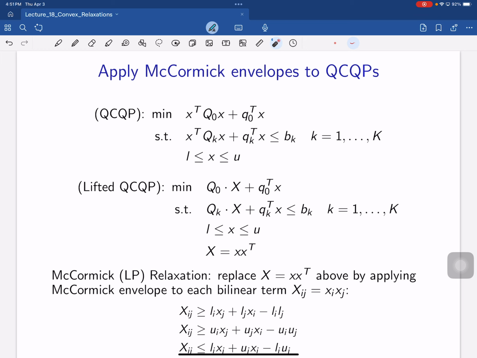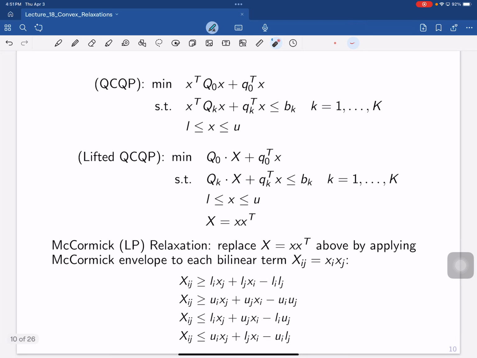One way to look at this problem is to formulate the problem in a lifted space. What I mean by that is you can think about X transpose QX as essentially the inner product of Q times XX transpose.